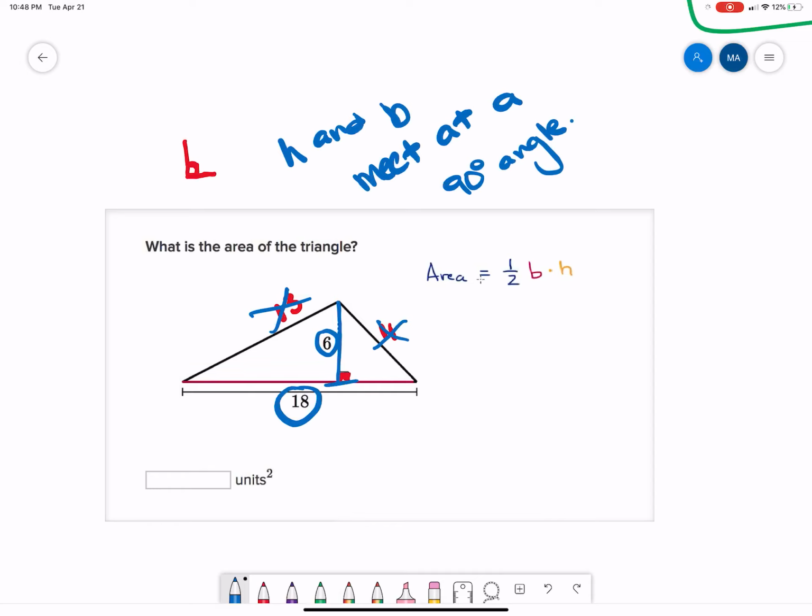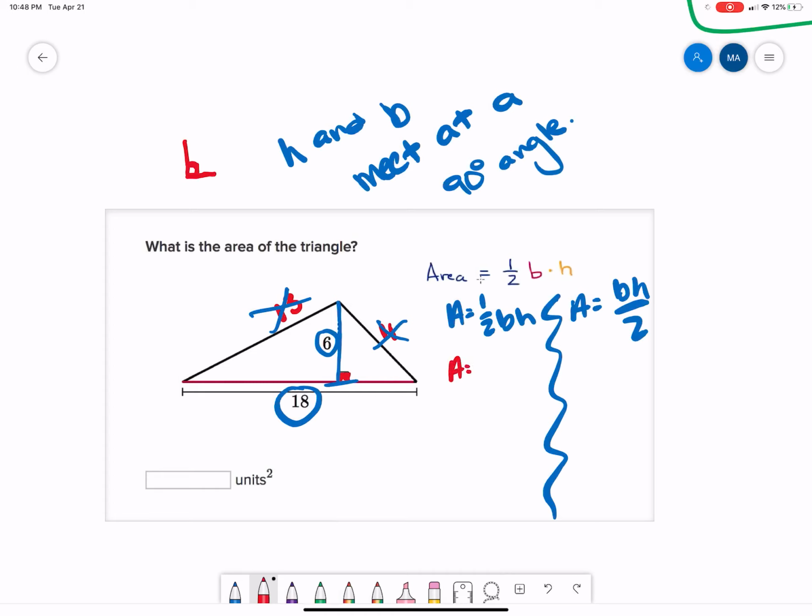I'm going to show you both ways. Area equals 1/2 base height, and area equals base height divided by 2. So if I do it one way, my area equals 1/2 base times height.